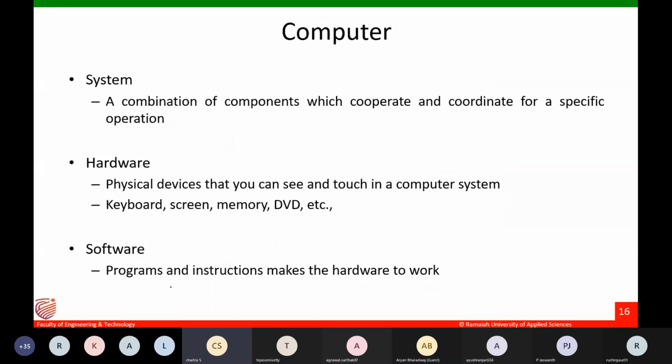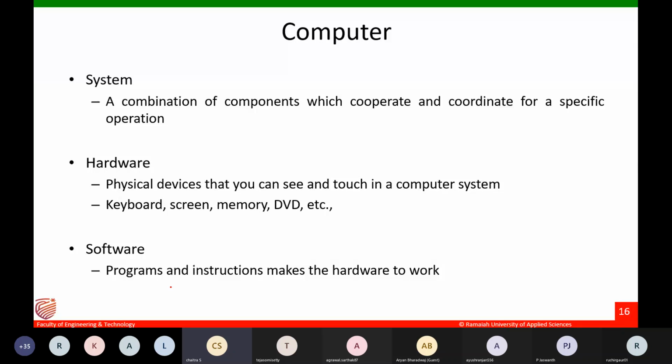So next comes what is a computer. We just discussed a computer is an electronic device which is able to do some computations and able to give some logical designs. In that we have something called a system, hardware, software. So what is a system? You have a monitor, a mouse, a keyboard, a CPU.